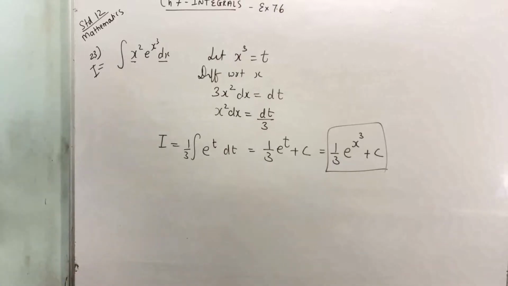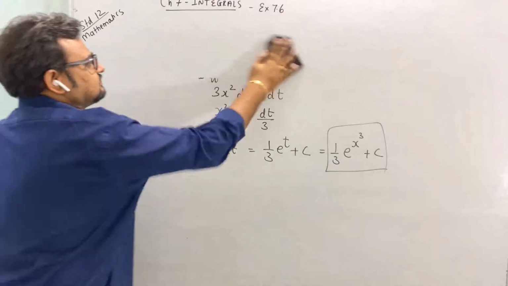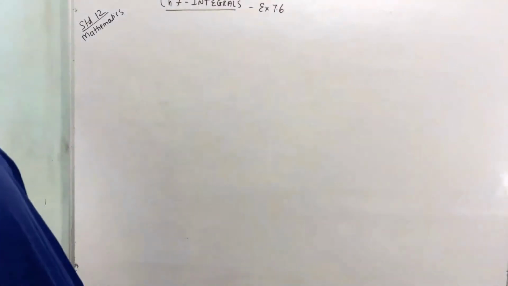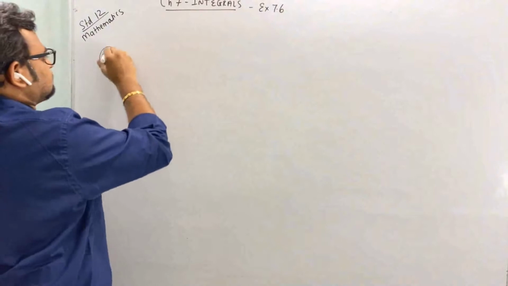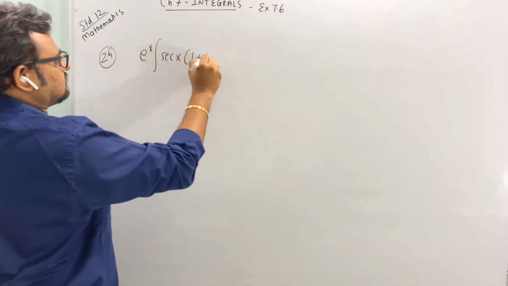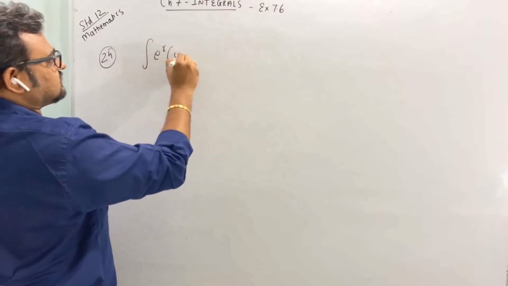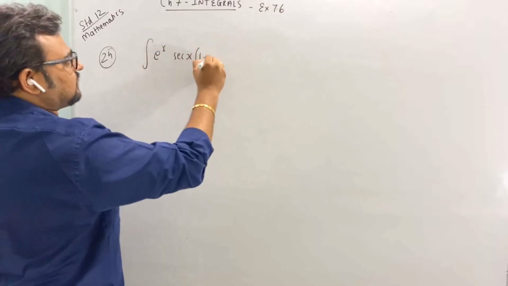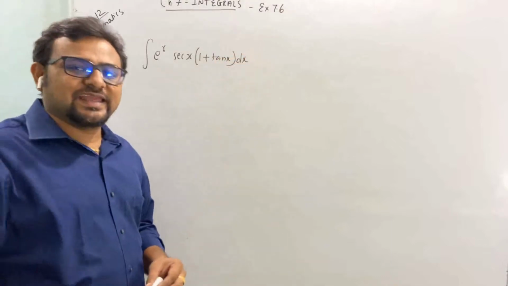Okay, now let's move to question number 24. That is the last for this exercise. Question number 24, e raised to x sec x into 1 plus tan x dx.